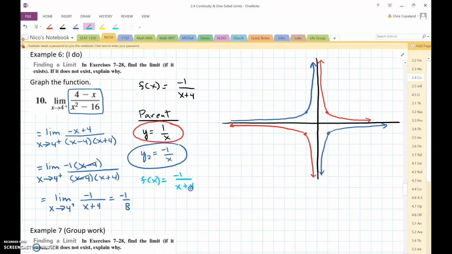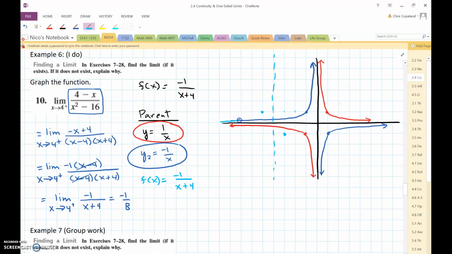this is going to shift the one that's in darker blue over to the left 4 units. So 1, 2, 3, 4. And 1, 2, 3, 4. The vertical asymptote will be right here.